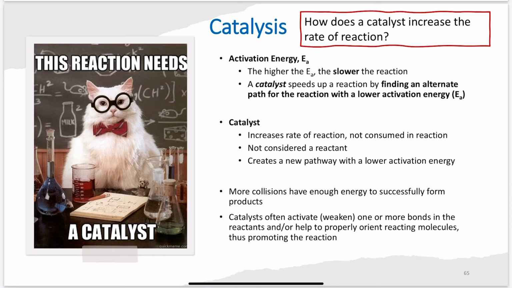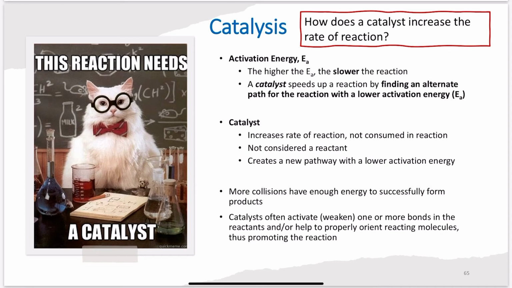Two important principles. Again, activation energy, activation barrier. Remember, the higher the activation energy, the slower the reaction. The catalyst is going to speed this up by finding an alternative pathway. It's like I have multiple ways to get to work. I can pick the one that leaves me with the least bit of stress and annoyance and traffic, etc. That is lowering my activation energy for the day.